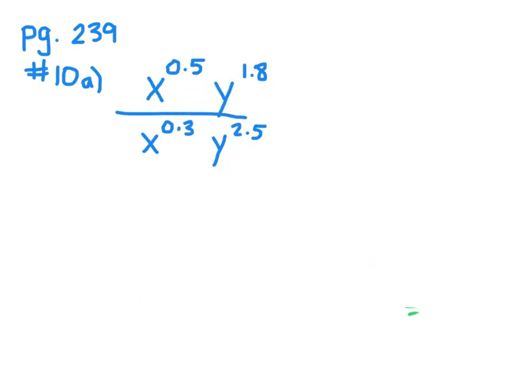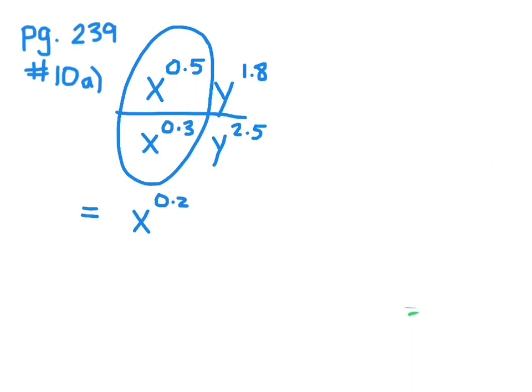Now, some people have actually asked me, sir, can't I just do this immediately for this question? Because those are both the same base, can I not just keep the same base and subtract the exponents? 0.5 minus 0.3 is just 0.2.